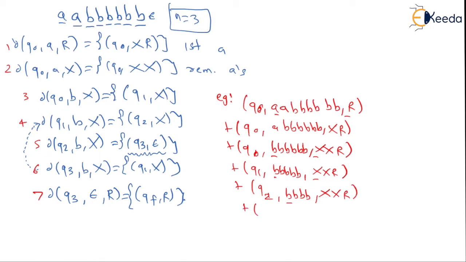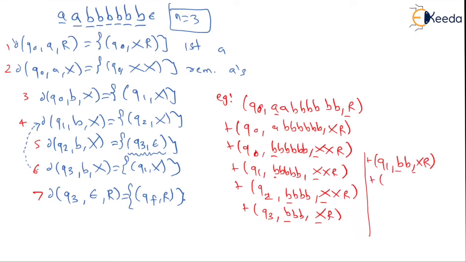Then I have Q2 on B when the stack top is X. Using rule 5, I go to Q3, perform the pop operation having only 3 B's left, and X will be out of the stack. Now going further, Q3 on B when the stack top is X, using rule 6, goes to Q1 having 2 B's and XR on the stack.